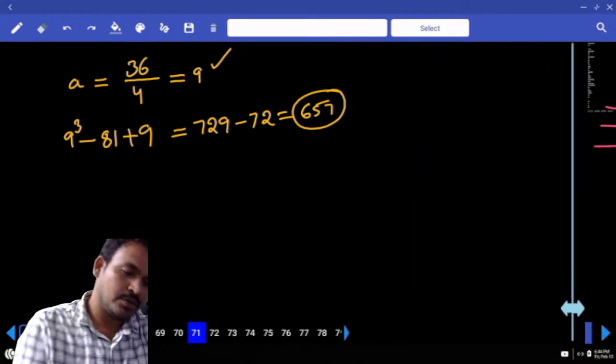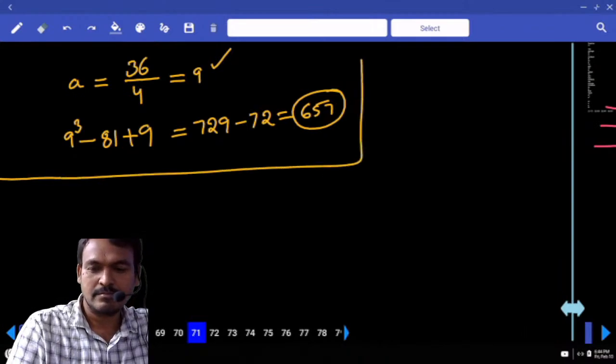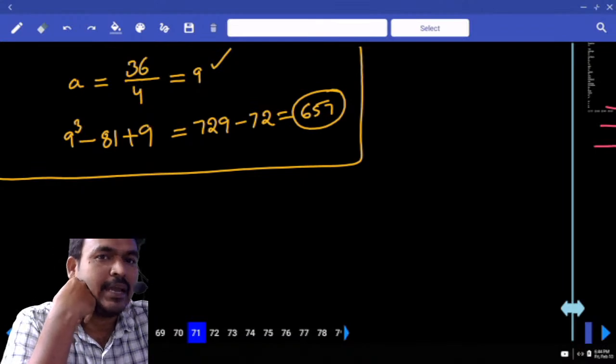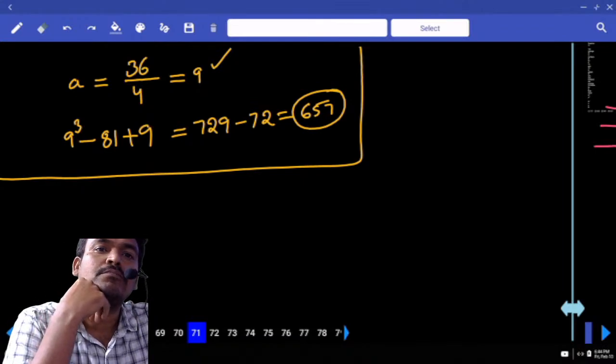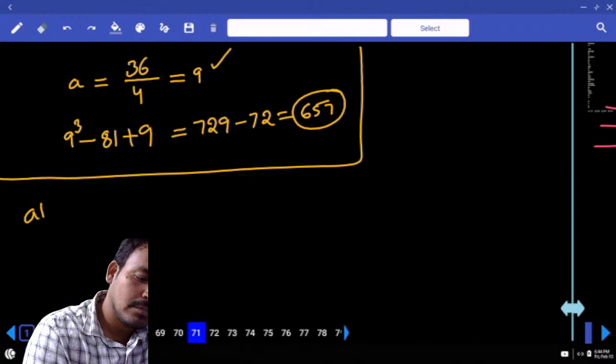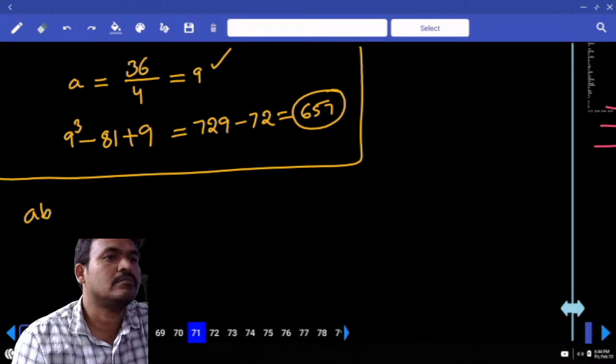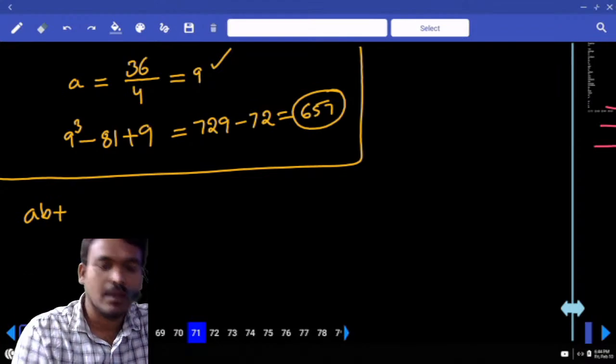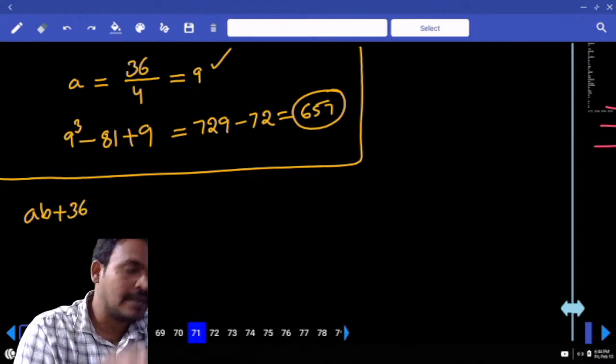If anyone is confused, I will give the clarity. Originally how many numbers? A numbers. Average B. What is the sum? AB. Okay. We are adding one is 16, another one is 20. How much value are we adding? 36.